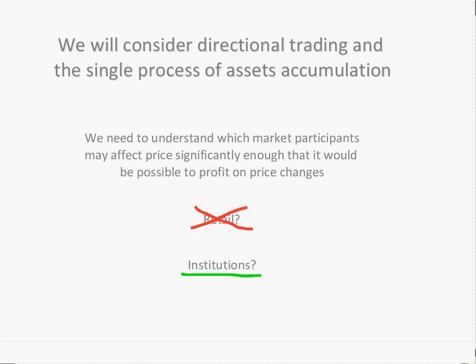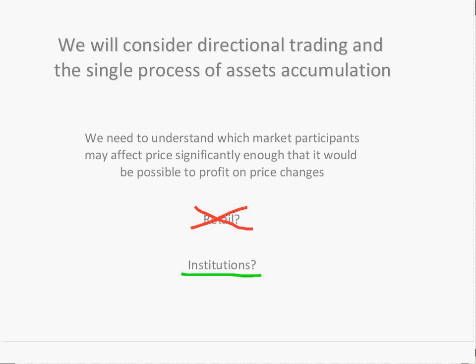It can't be retail, of course, because retail trade too small sizes and they cannot affect the market significantly. Well, of course, if you, for example, buy 20 contracts of ES during night time, you may move the price by 1 or maybe even 2 ticks, but this is not the size of a position that could be significant enough to gain some profit on that.